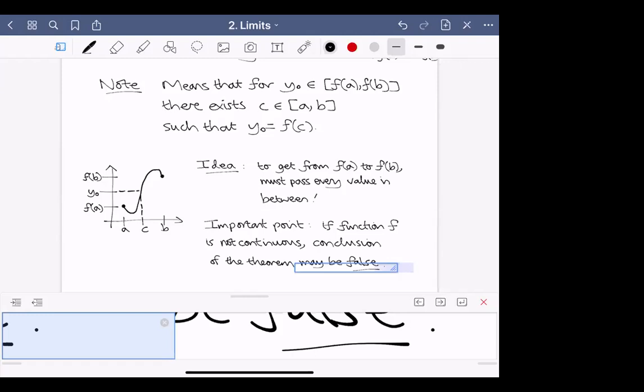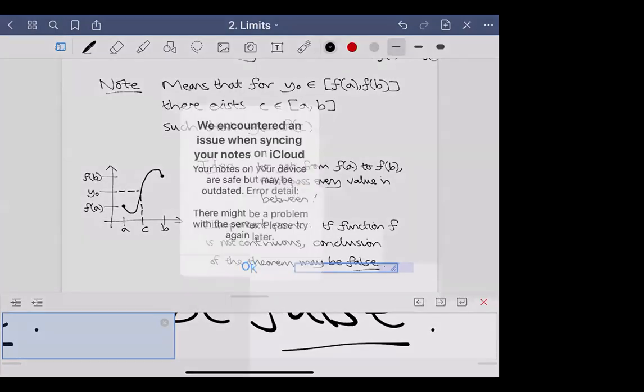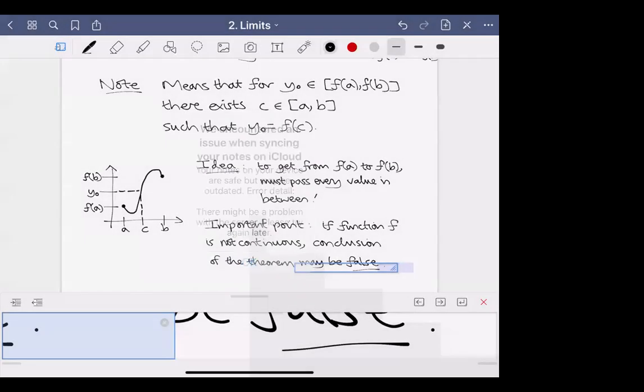So, must the value of y0 always be in between f(a) and f(b)? Yes. So the point is that if we take a y0 between f(a) and f(b), then we can find a c such that the value at c is y0. If we take a y0 which is less than f(a), then there may not be a c such that the value at c is y0.